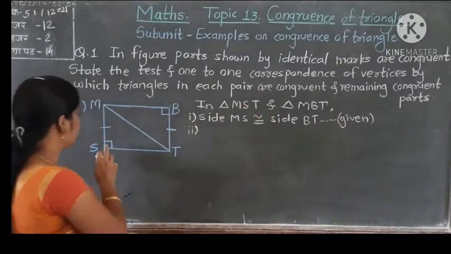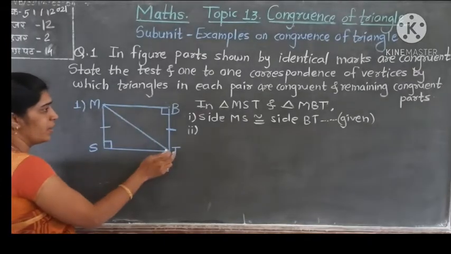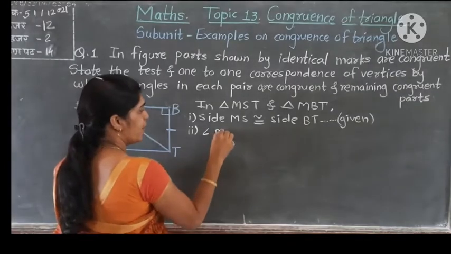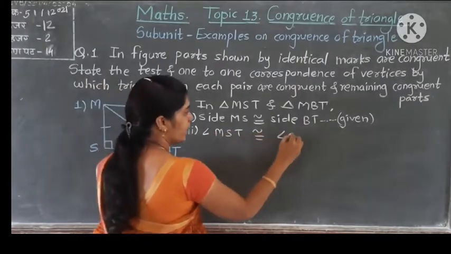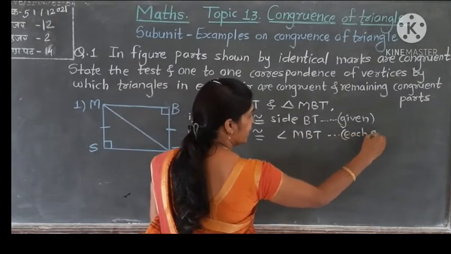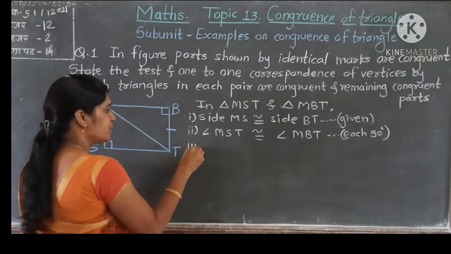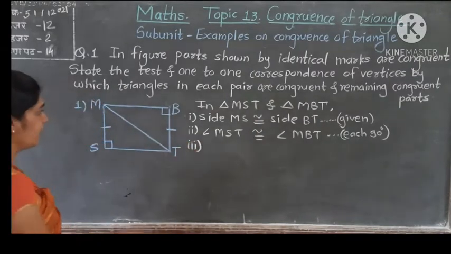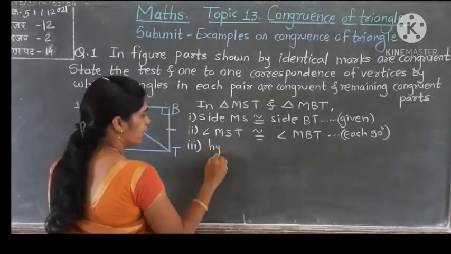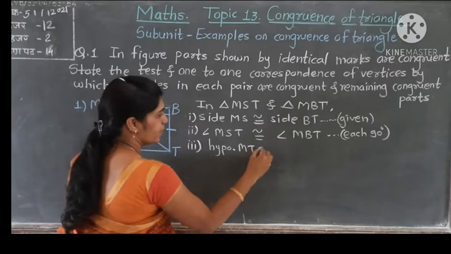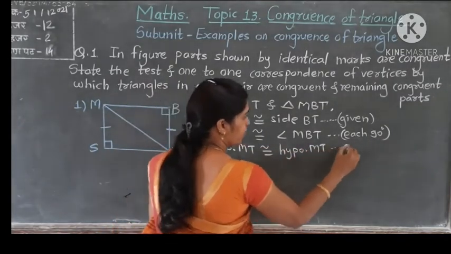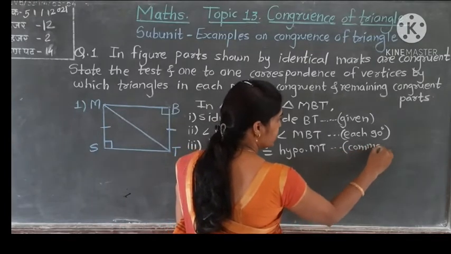Second, observe here, angle S means angle MST is congruent to angle MBT, because each is 90 degrees. And third one, see here. Here MT is the hypotenuse, so hypotenuse MT is congruent with hypotenuse MT because this is a common side.